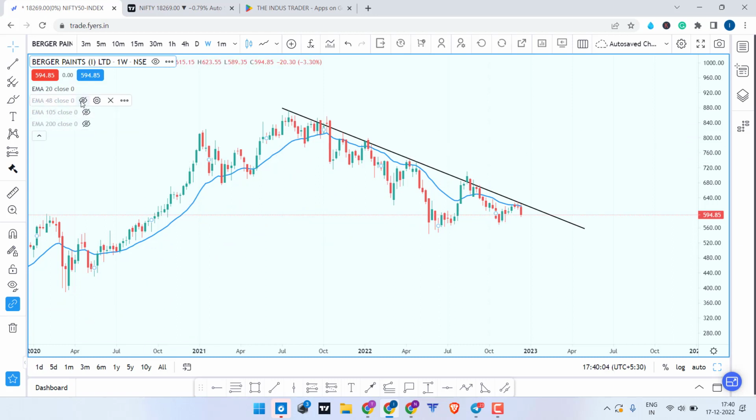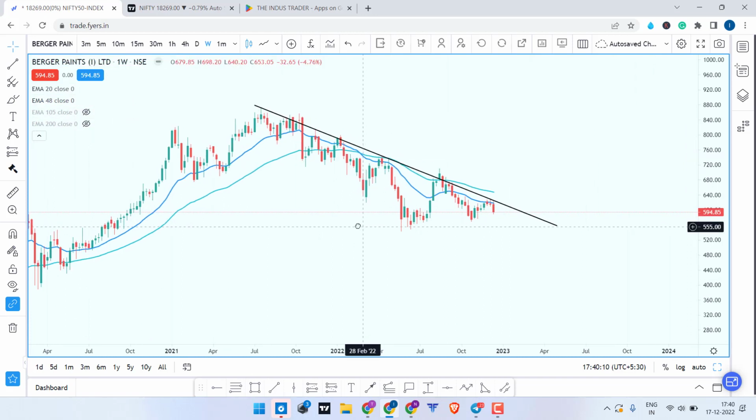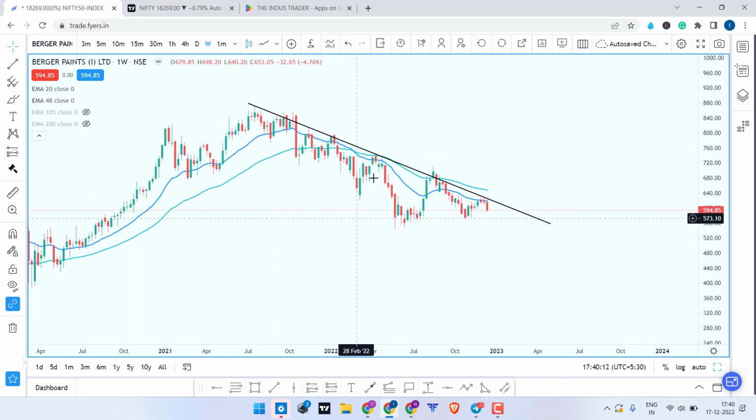You can also mark this, but for short term trend I use this 20 EMA and 48. Even this I take as a confluence, for increasing my confidence on that particular decision. I use this as a confirmation, not for that.